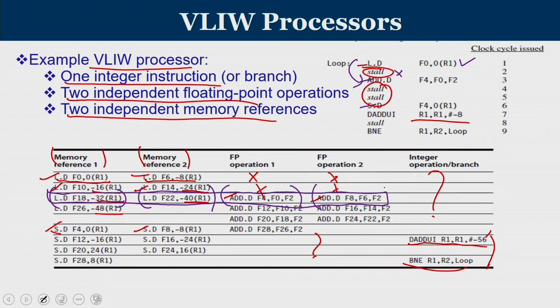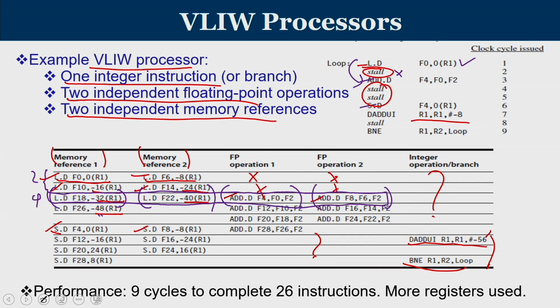Essentially, in cycle number 3, I am performing 4 operations, whereas in cycle number 1 and 2, I am performing 2 operations each. When I move to cycle number 4, I have only 1 memory operation, whereas I have 2 floating point add operations. Like that, wherever possible, we are trying to execute in parallel, and this whole concept is known as the very long instruction word processor.